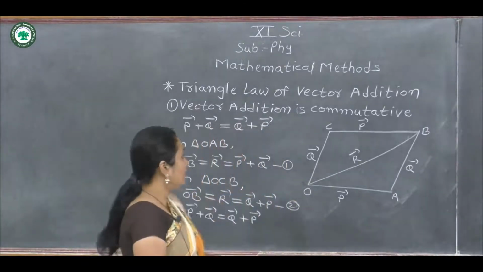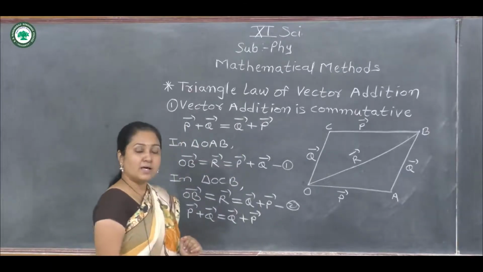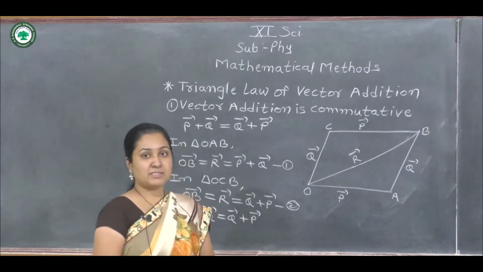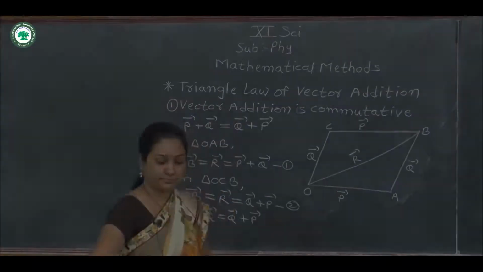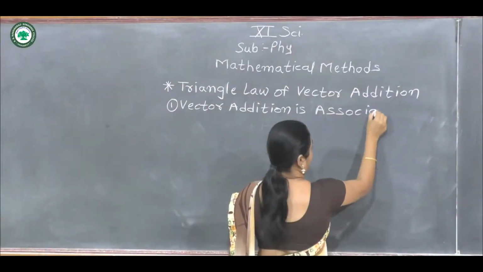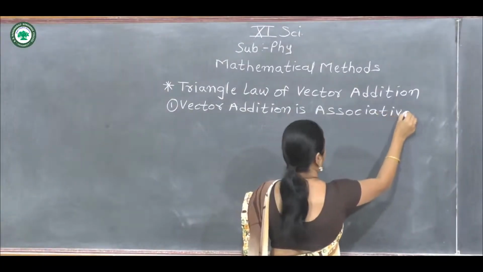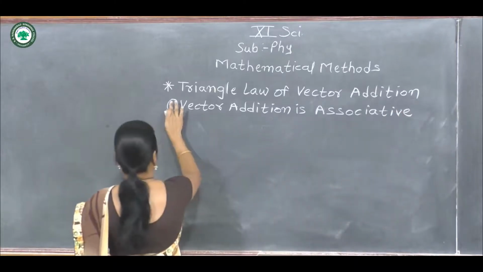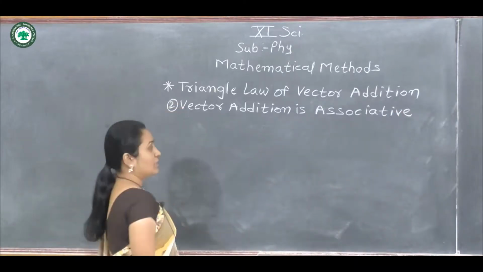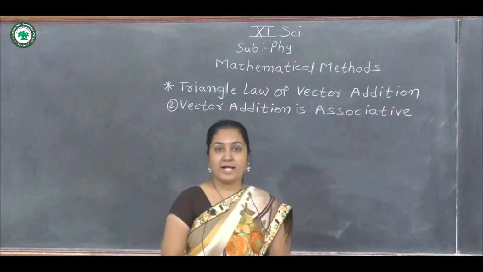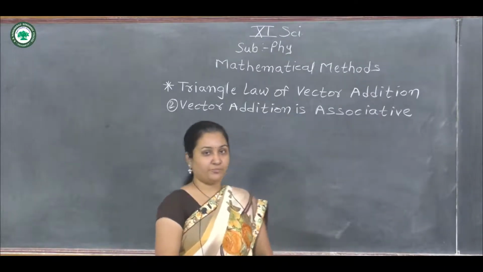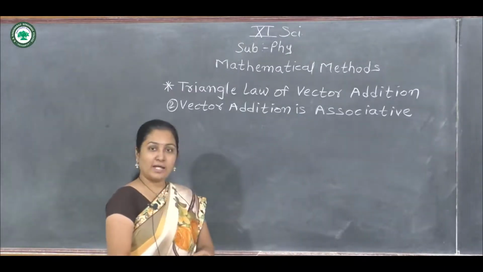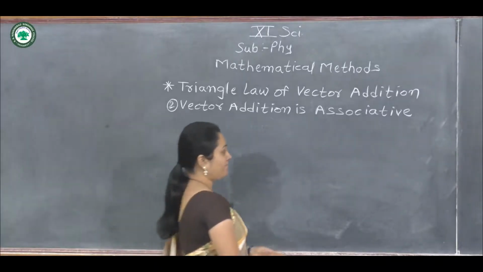Then the second thing we have to study is that vector addition is associative. So to study this, again we will consider a diagram.